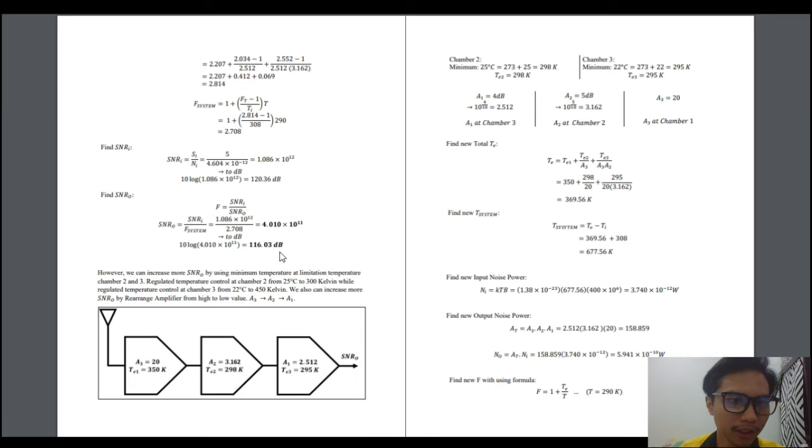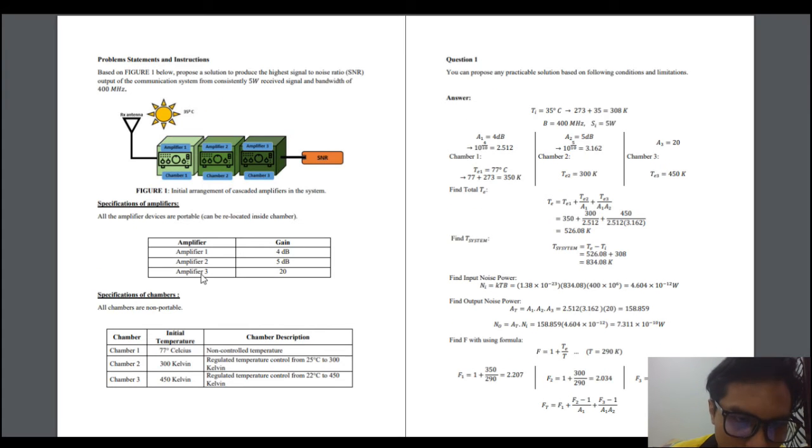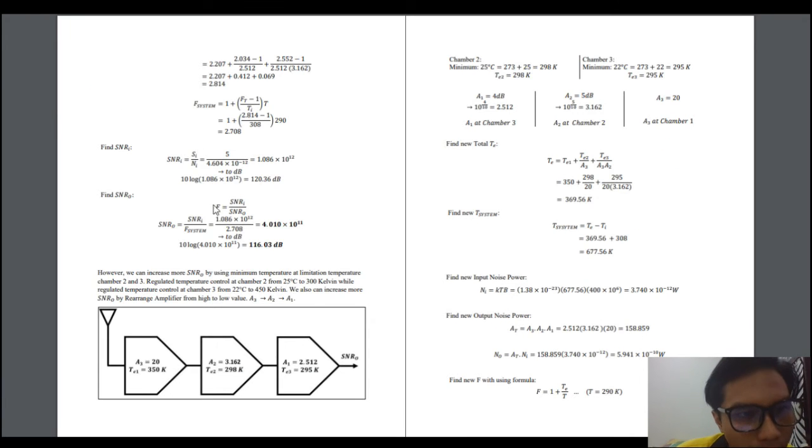So that's all for the first calculation. However, we can increase the SNR output by using the minimum temperature, the limitation temperature, at chamber 2 and chamber 3. So we're going to use the minimum of the range, 25 and 22.